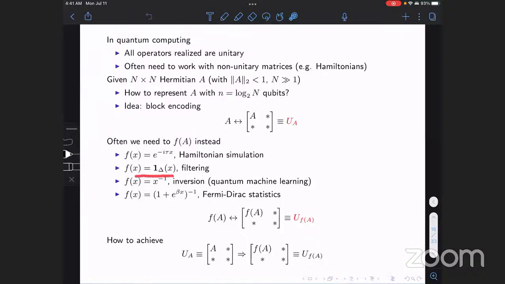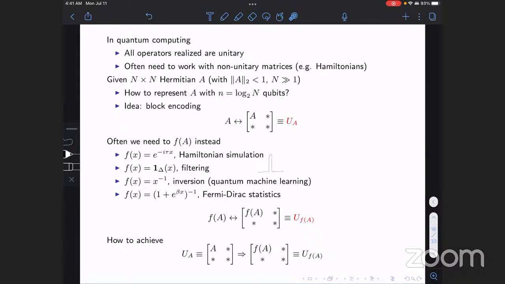The second example is filtering, where I'm only interested in, for example, the projection of this operator onto a very small interval on the spectrum, which is denoted by delta here. So here you can think about the function looking like this, okay? And the next example is f(x) equal to 1/x. This is very useful for inversion, and is a key quantity in the recent topic of quantum machine learning. Essentially it's trying to do the inverse of matrices. The final example is the Fermi-Dirac operator.